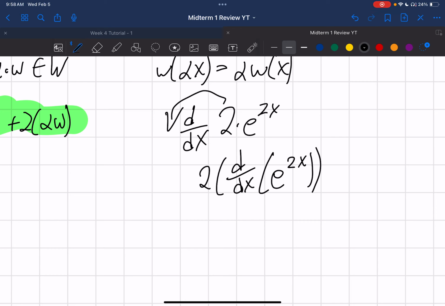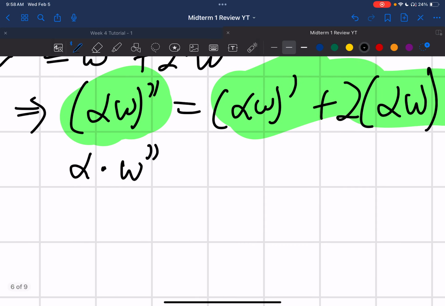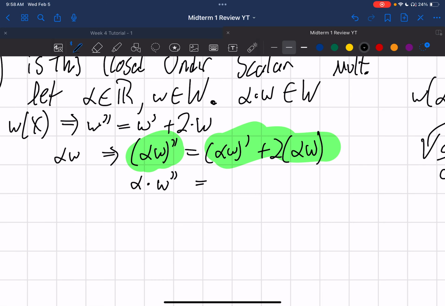Maybe we haven't thought about it in terms of linearity, but that's what that operation is. We can move scalar valued real numbers outside of our functions and still get the exact same derivative. And that's simply what we're going to do. So this is alpha times the second derivative of w, and then we have alpha times the first derivative of w plus 2 times alpha times w.